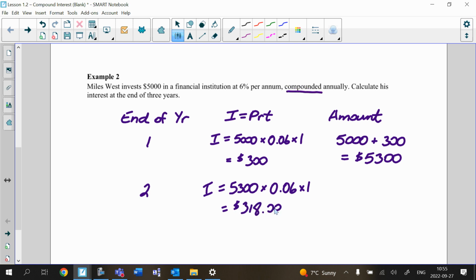Which means the amount of his investment and interest at the end of 2 years is $5,618. If it was simple interest, it would have only been $5,600. So he's getting more interest because we're calculating interest on interest he's previously earned.